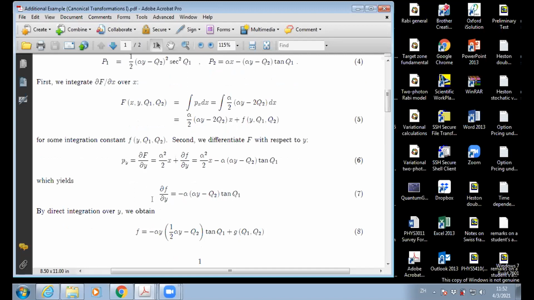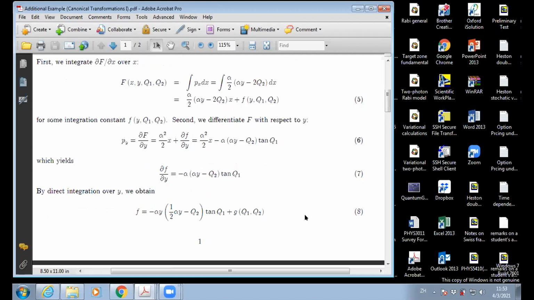Then we integrate this equation over y, or we find the antiderivative of this derivative. So the f can be expressed as minus alpha y times (1/2 alpha y minus Q2) tangent Q1 plus an integration constant, which is an arbitrary function of capital Q1 and capital Q2.